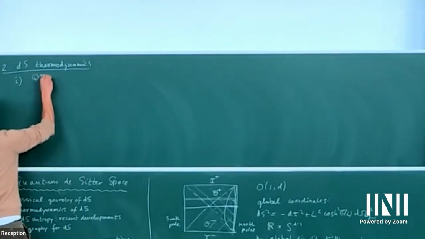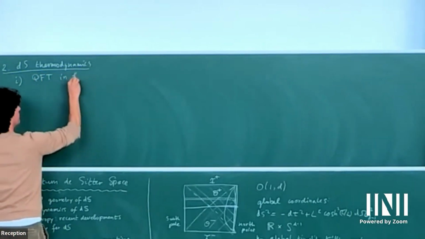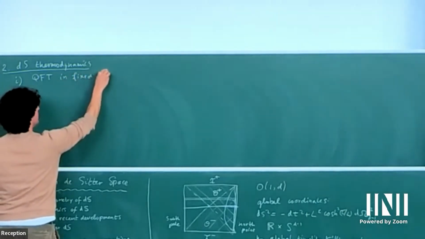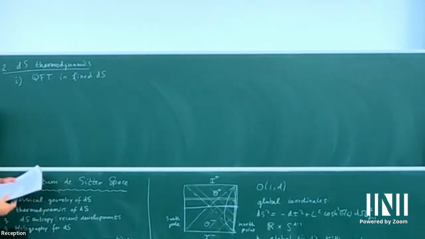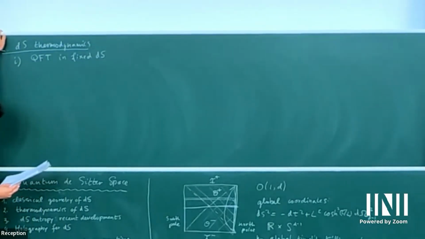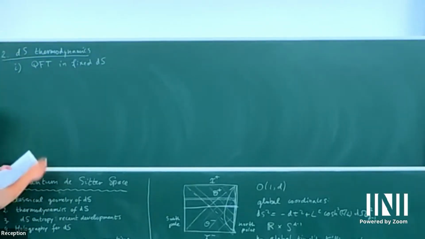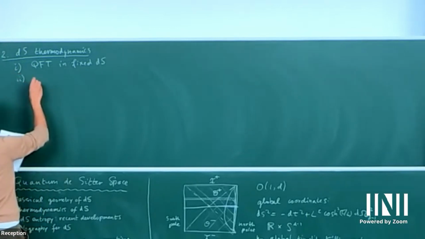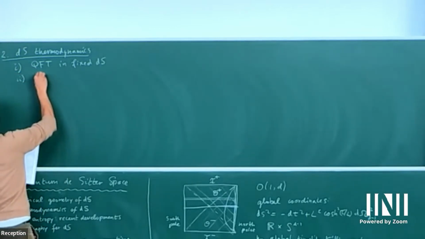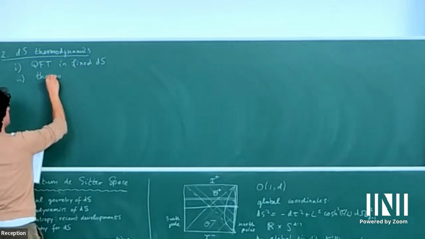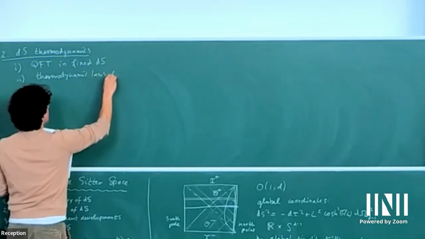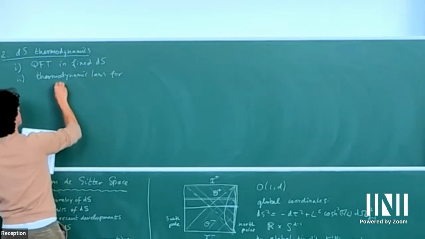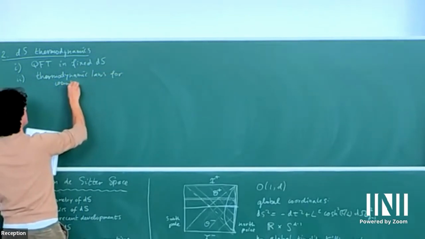Well, first of all, you can do QFT in a fixed de Sitter background and try to describe the Hawking effect. Secondly, you can derive thermodynamic laws for cosmological horizons.